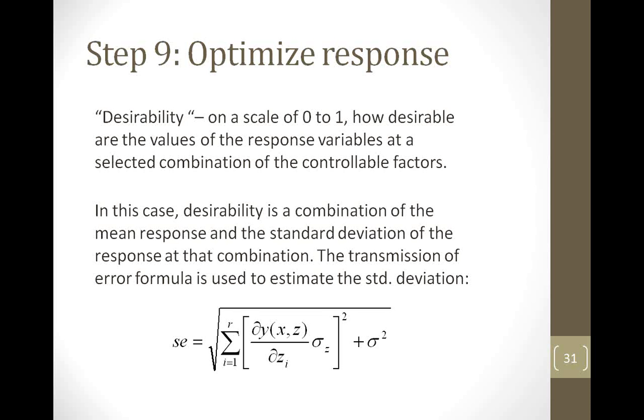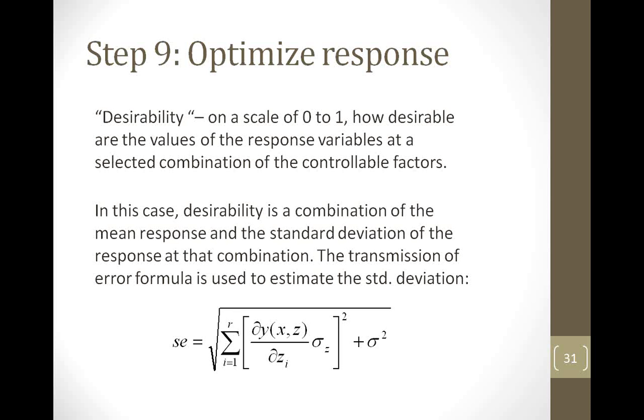Now, if you've heard me talk before about multiple responses, you know that desirability is a metric that varies on a scale going from 0 to 1. 0 means not at all desirable, 1 means extremely desirable. And what it is, it's a measure of how desirable the values are of the responses at some combination of the experimental factors. And some of the plots that we'll do in a moment will show how desirability varies over the space of the controllable factors.